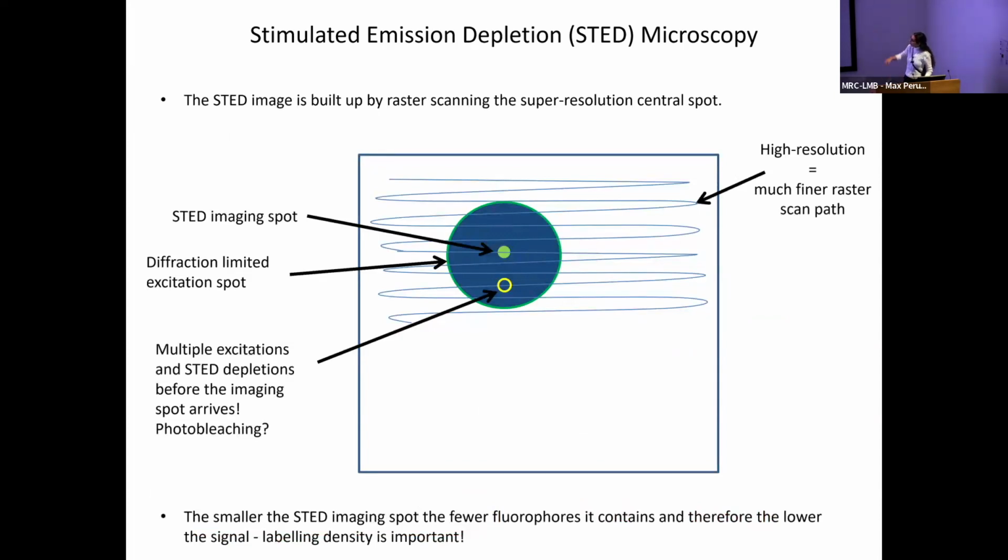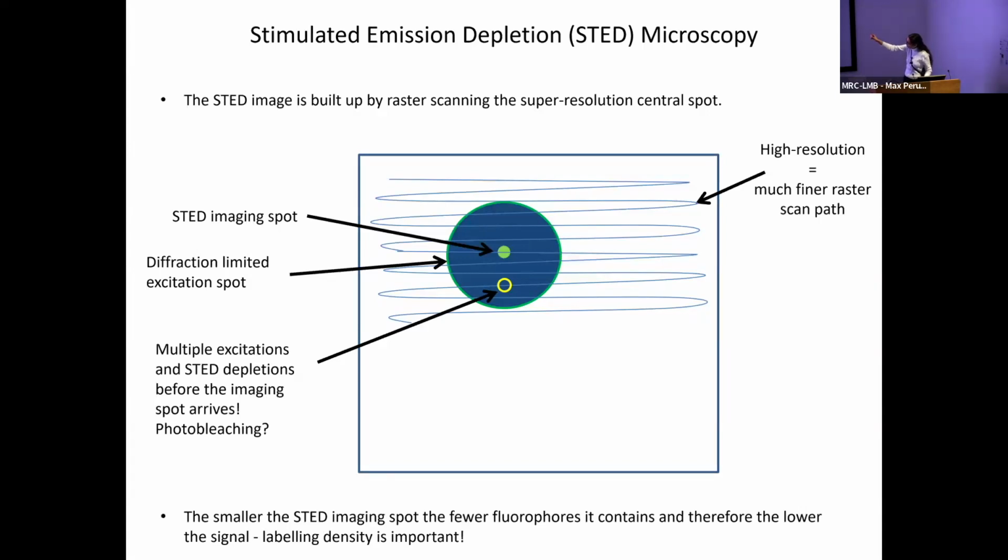With this technique also comes a risk of bleaching, because you have an excitation beam which is quite wide and a donut that comes on top of it, but you're only imaging that region in the middle. That means that to get this higher resolution, you have to do a much thinner raster scan.